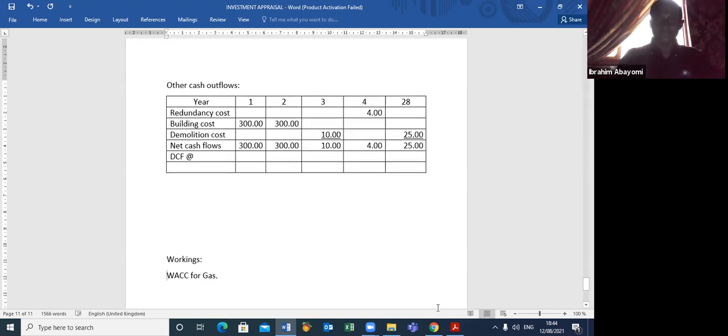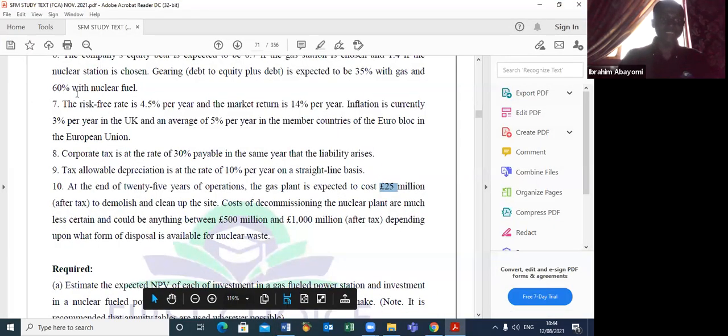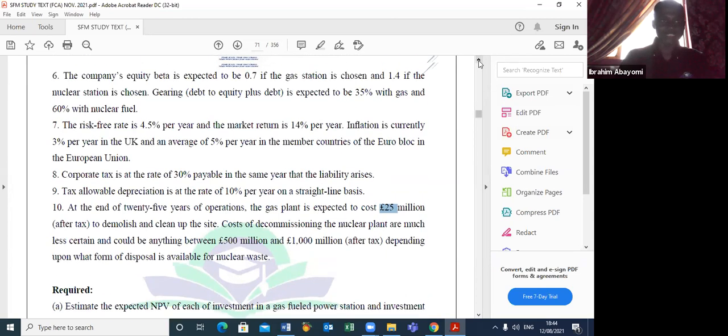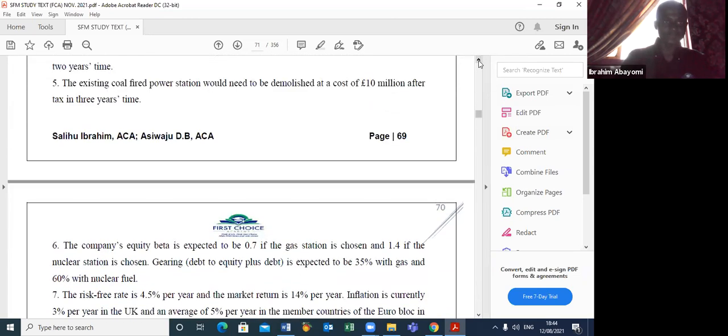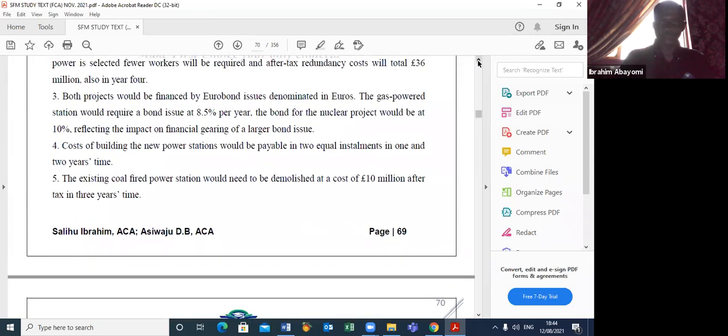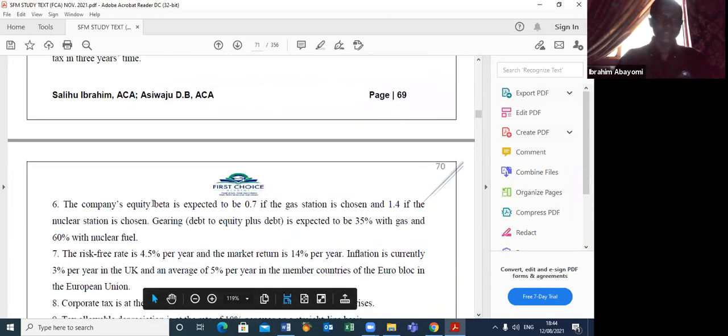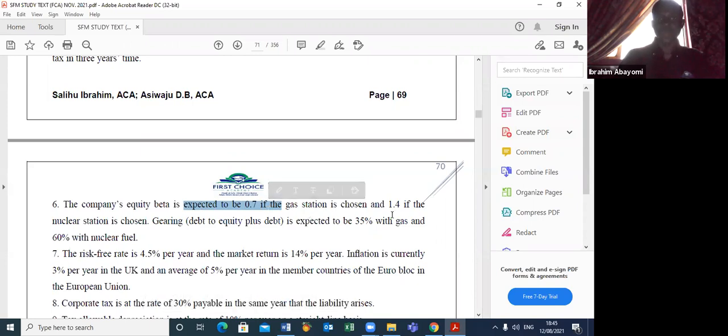Now, going back to the question, it gave us the equity beta. The company's equity beta is expected to be 0.7 with gas, and 1.4 for nuclear.